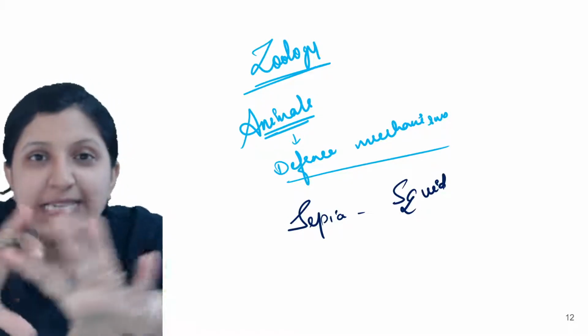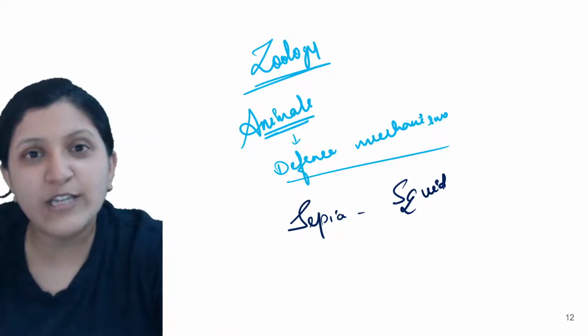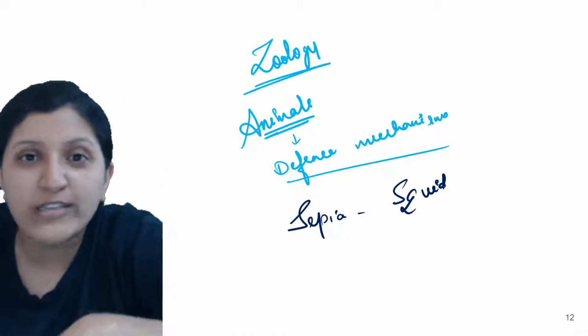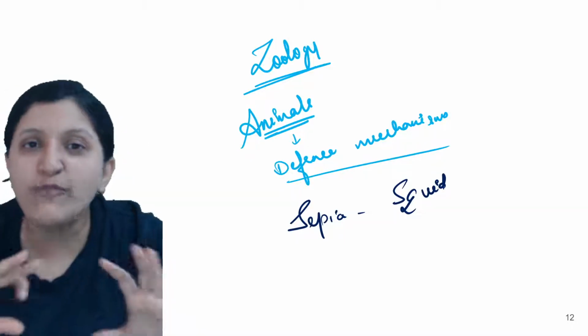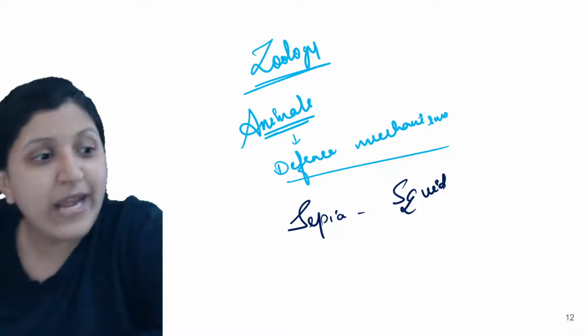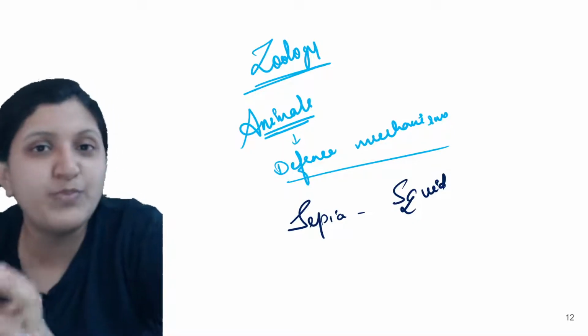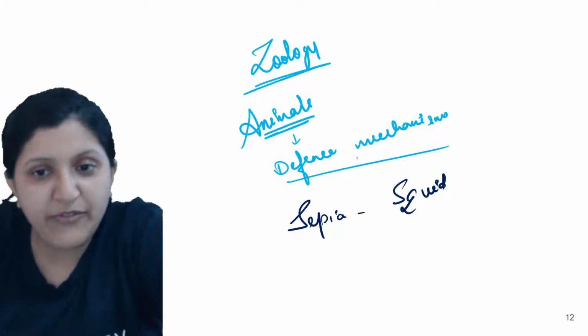The whole water turns black, and the predator cannot see what exactly is happening. Since all the water turns black, the predator cannot see the squid, and the squid escapes. Basically it saves itself with that type of defense mechanism.